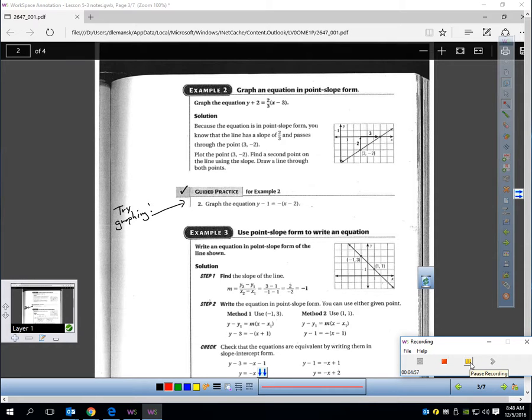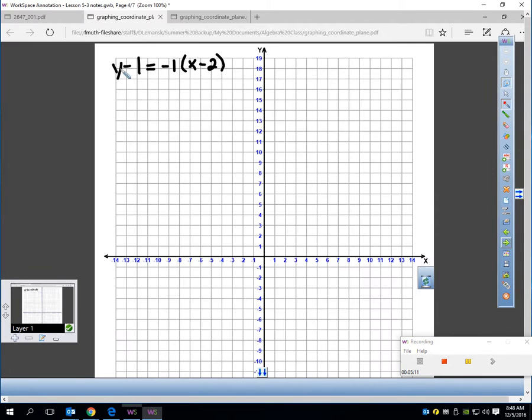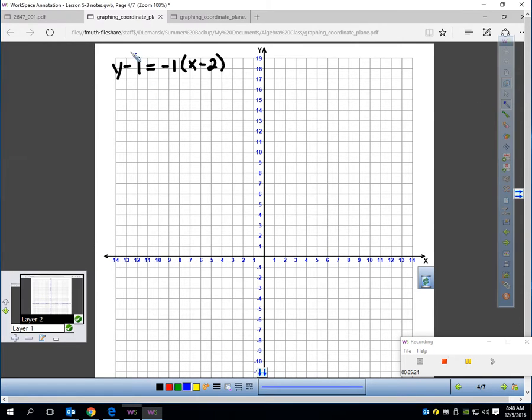Okay, next. In the homework you'll notice they will ask you to graph an equation in point-slope form. So let's try graphing this. I wrote the equation from the book on my graph paper. Now remember, this is the part that I have to keep reminding you of. In point-slope form, these numbers will look backward or opposite of what they really are. So here's the form.